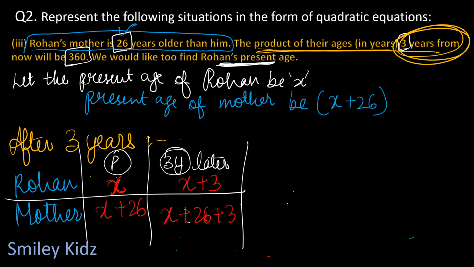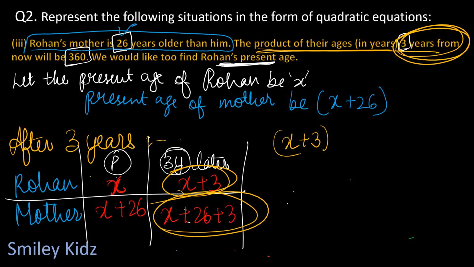Now, the question says that the product of their ages 3 years later is 360. That means x plus 3 multiplied by x plus 29, since 26 plus 3 is 29, equals 360.